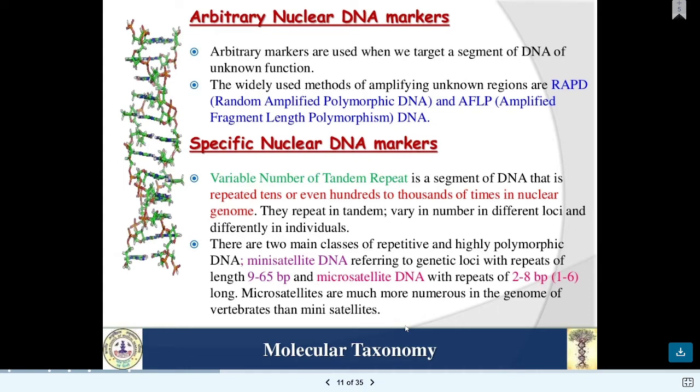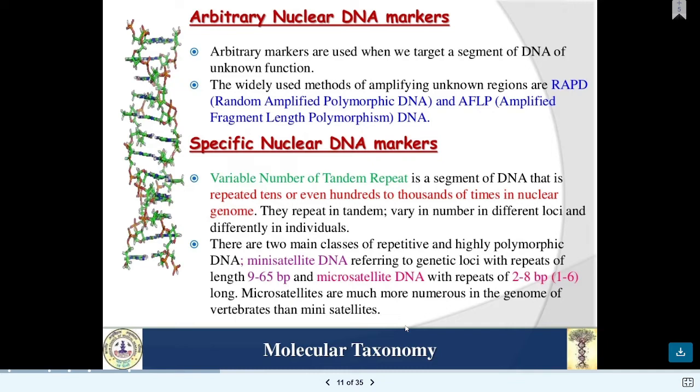Specific nuclear DNA markers. These are called VNTR, that is variable number of tandem repeats. It is a segment of DNA that is repeated tens or even hundreds to thousands of times in the nuclear genome. They repeat in tandem, vary in number at different loci and differ between individuals.